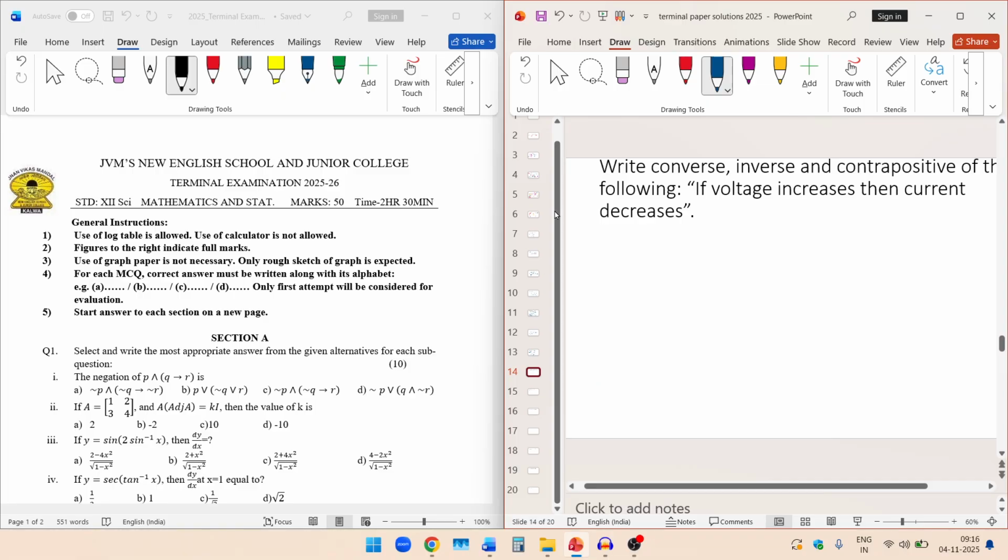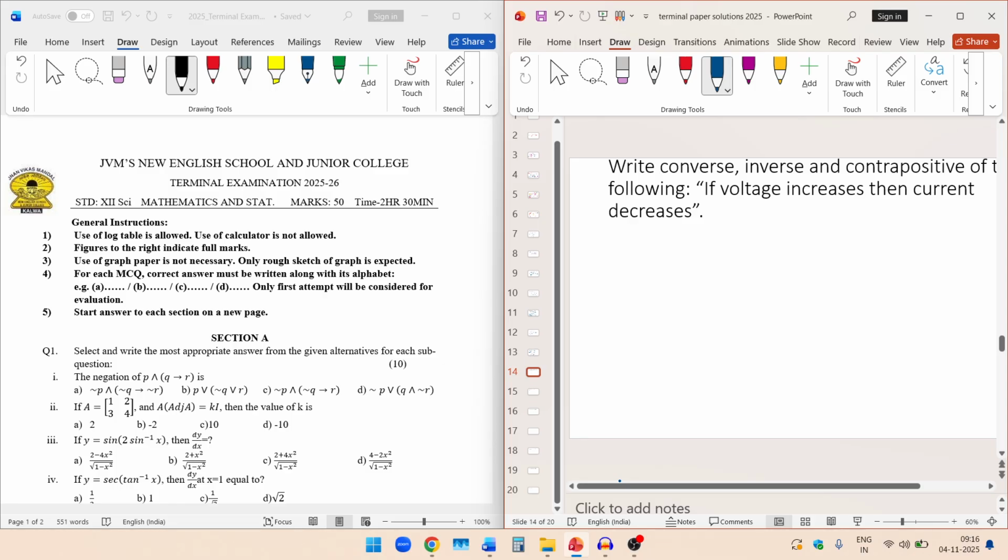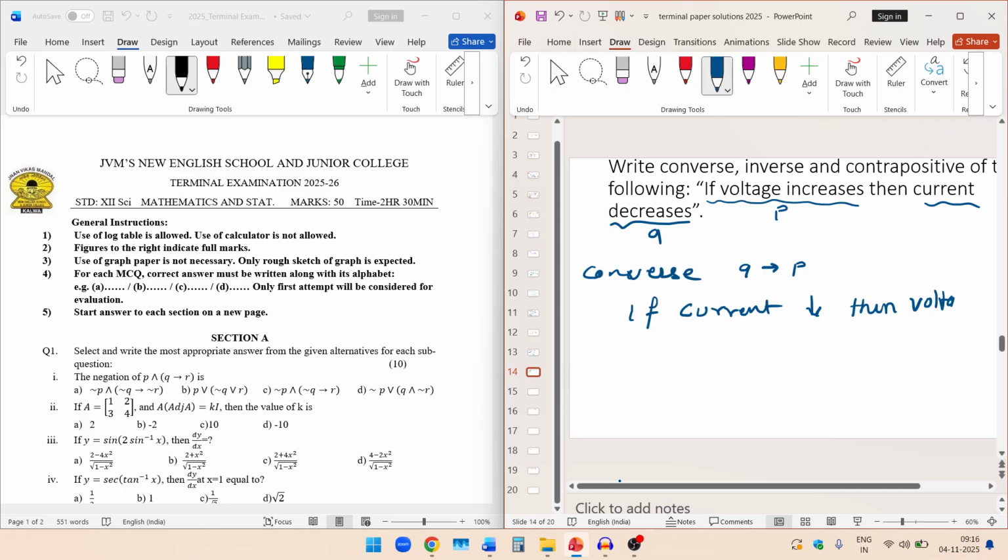Write the converse, inverse and contrapositive of the following: if voltage increases, then current decreases. If voltage increases, it should be P. Current decreases should be Q. So converse will be Q conditional P. So if current decreases, then voltage increases.